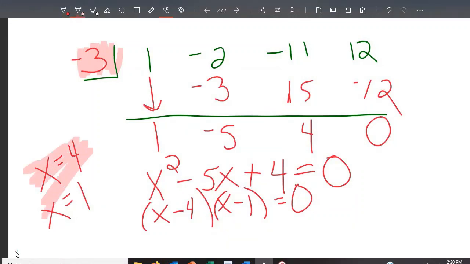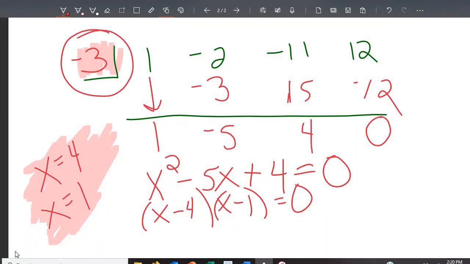These are my 3 solutions, also called roots, also called zeros. Now, in this example, we were told what to put right here. That's good, I need to know that in order to do these problems.